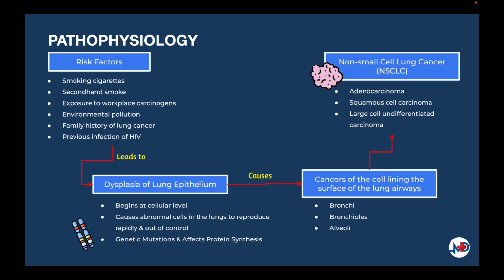Non-small cell lung carcinoma is a common type of lung cancer, and like all cancers, non-small cell lung carcinoma begins at the cellular level and causes abnormal cells in the lungs to reproduce rapidly and out of control. So non-small cell lung carcinomas are carcinomas which are cancers of the cell lining of the surface of the lung airways, and these include the bronchi, bronchioles, and the alveoli. The leading cause of developing this type of carcinoma is smoking cigarettes.